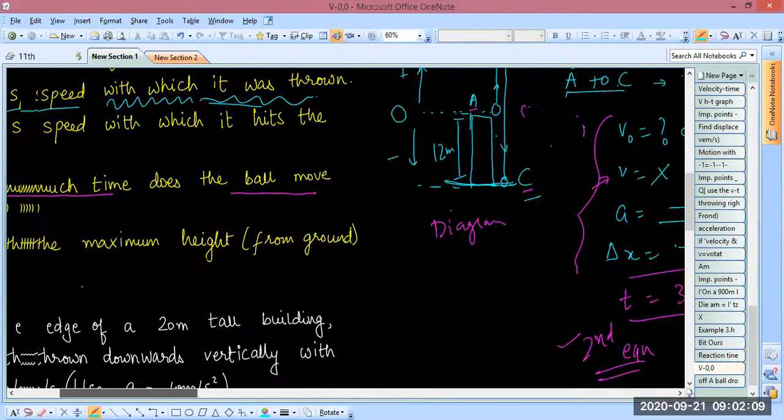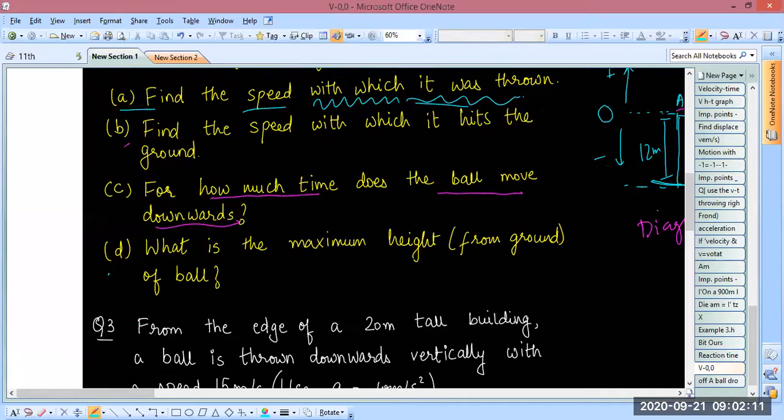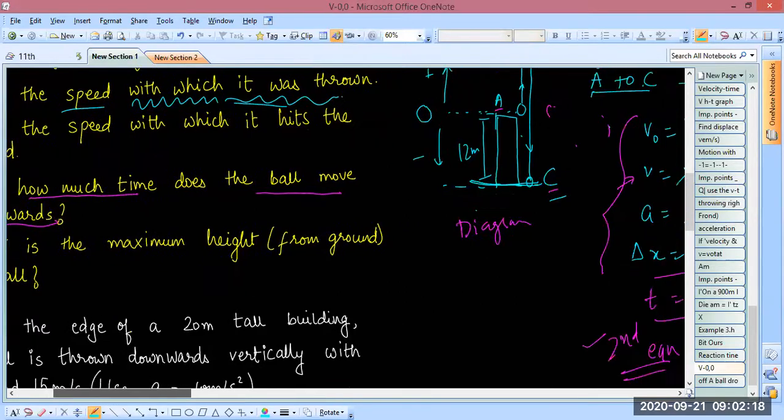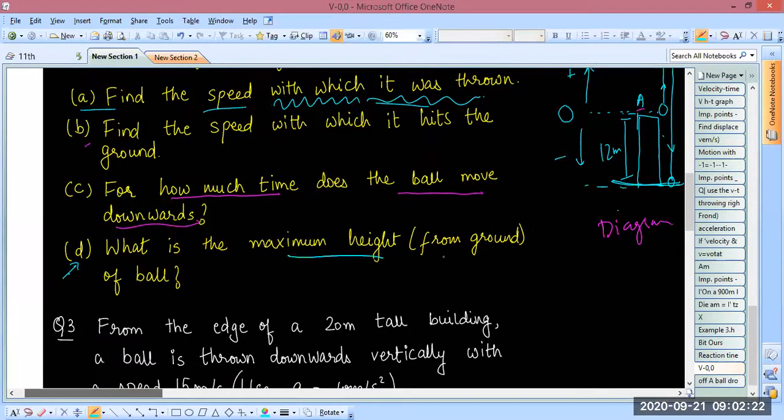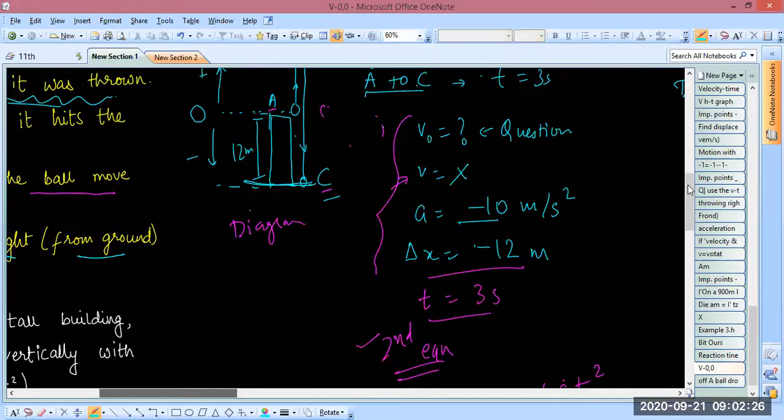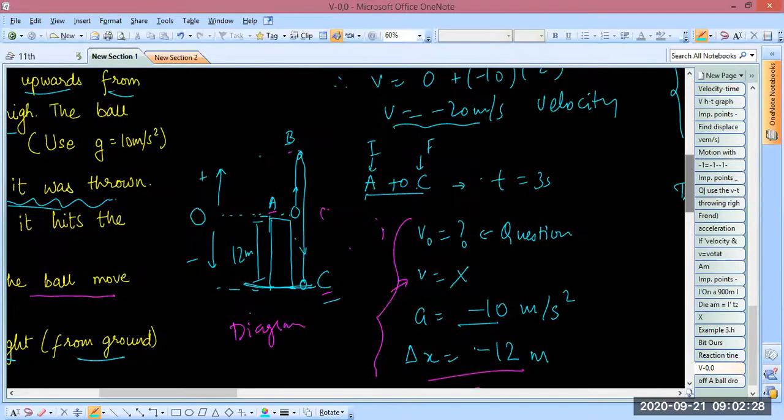Let's go to D. This is same as what it was in the book, right? What is the maximum height of the ball from the ground? So now the plan is, if we find this distance, suppose, let's say that this is 40, then the final answer will be 52.